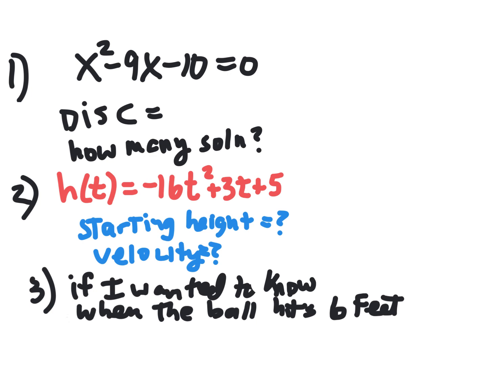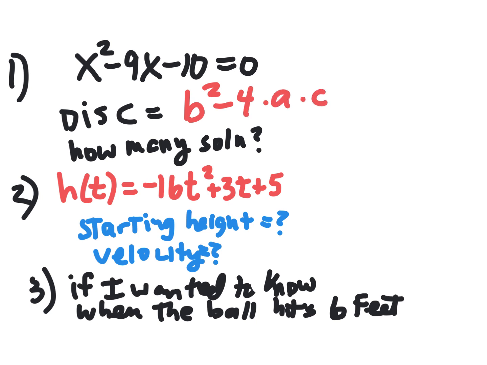So, Carl, discriminant for number 1. What's discriminant mean? It's one of those little formulas, remember it? It's part of the gigantic formula. It's the part underneath the root. B squared minus 4 times A times C. You got it.